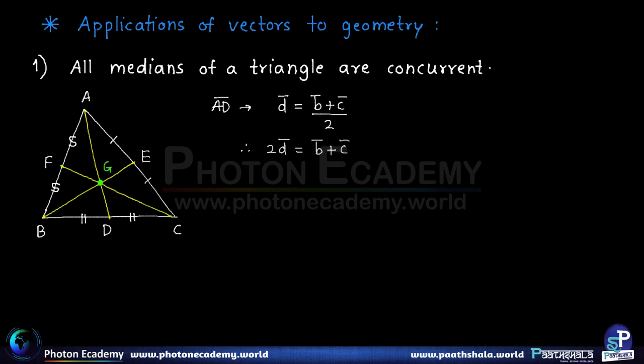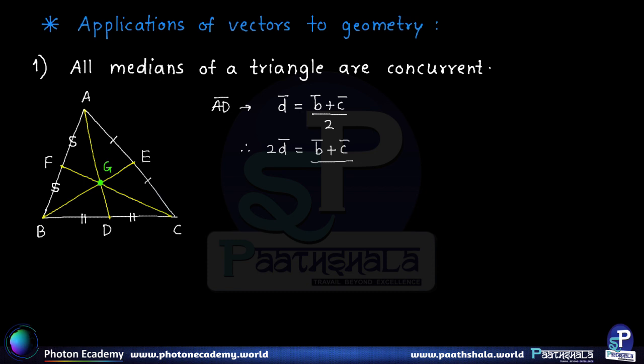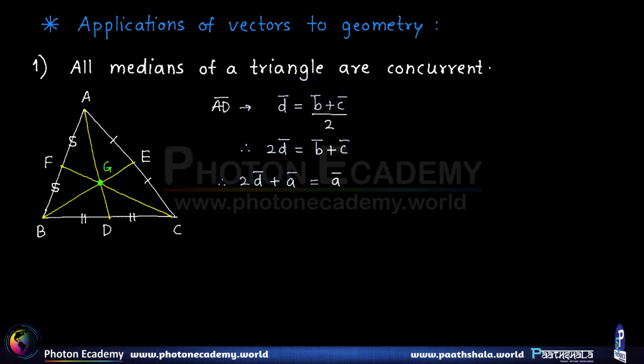On the right side we have B bar plus C bar. So to complete the set of A, B and C, the missing vector is A bar, right? So that is what we add on both sides. Therefore we get 2D bar plus A bar is equal to A bar plus B bar plus C bar.